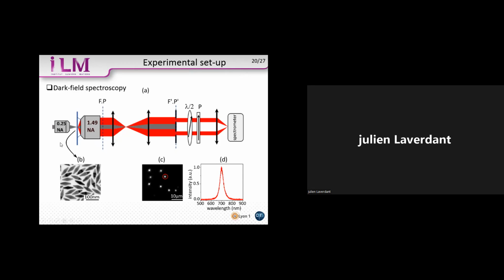Let me explain. You shine the sample from the left to the right. You shine it with the first objective with very small angles. It's in gray. So the light is going through the second objective, and after that, you can enter the imaging, for example, on the right. Now, what we call dark field imaging is you put a blocker to stop this direct light.